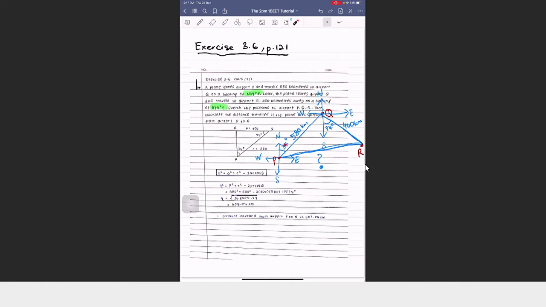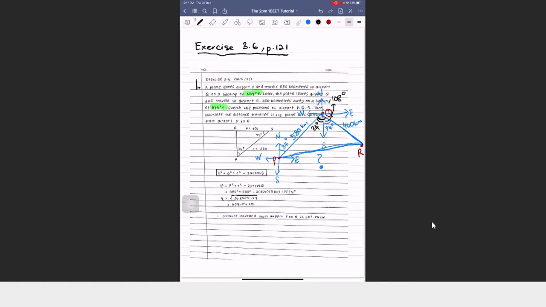Since this is 34, therefore this is also 34, isn't it? This one you know, this is also 34 degrees. So which means the whole angle is actually 108 degrees.